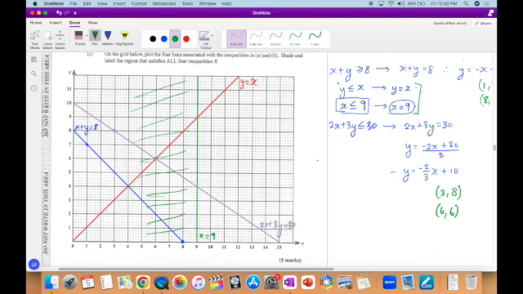And then we have the region where y will be less than x. You could test any point, and it's obvious that if we check this point here, x is 3, y is 2, right?